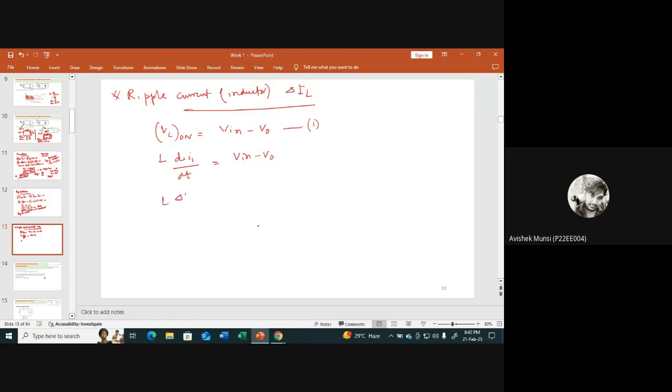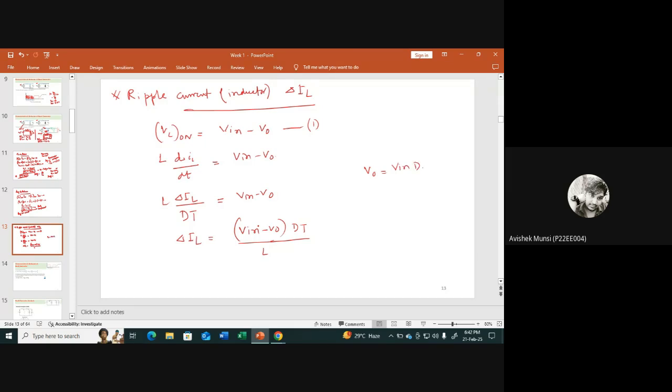So you can write it in that way. Delta IL by dt, where the on time is the duty times T. So this is equal to Vin minus V0. Fine. So now if we have to calculate delta IL, that is basically (Vin minus V0) by L into dT. Now we know that V0 is basically dVin.